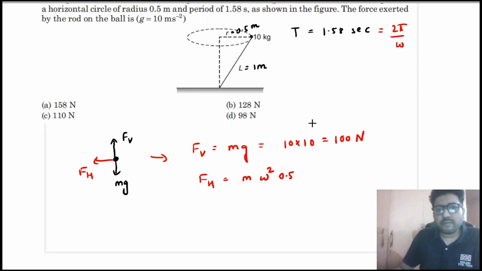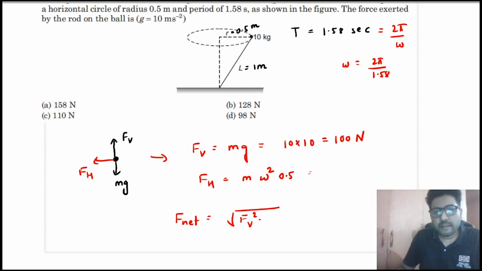So when you put the value of omega, where omega is 2 pi by 1.58 seconds, you will get the value of Fh. Now the net force they are asking you in this question will be equal to root of Fv square plus Fh square, and this will be equal to 128 Newton. So this is the net force exerted by the rod on the ball.